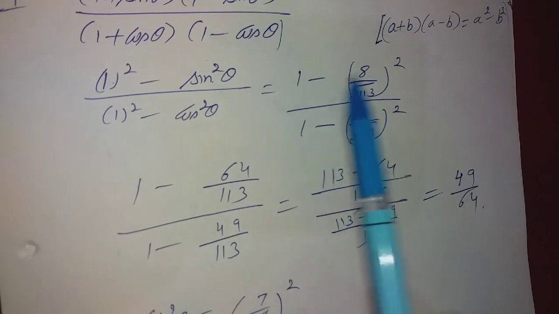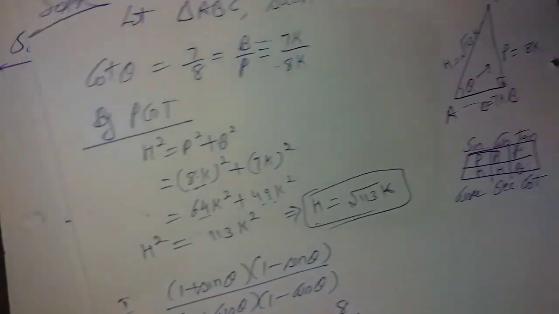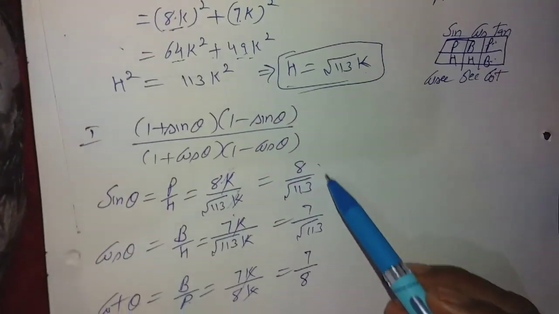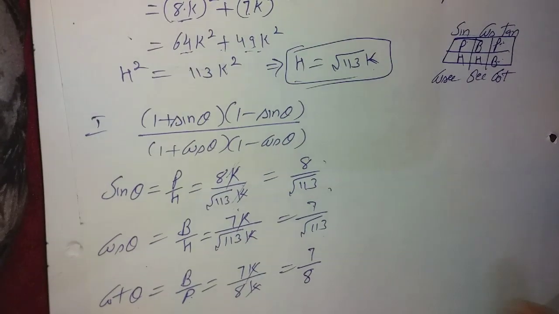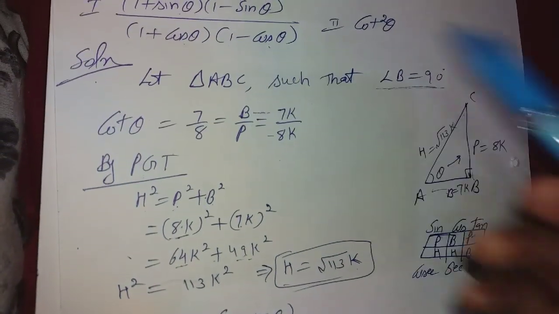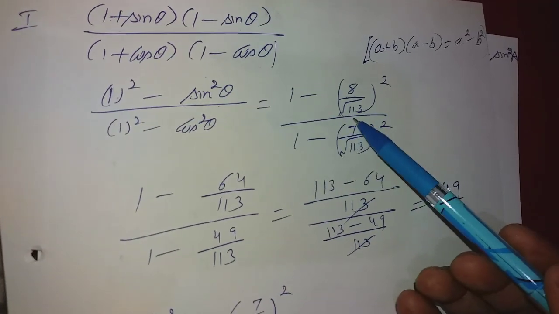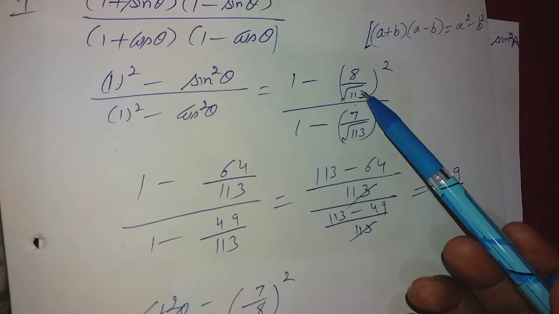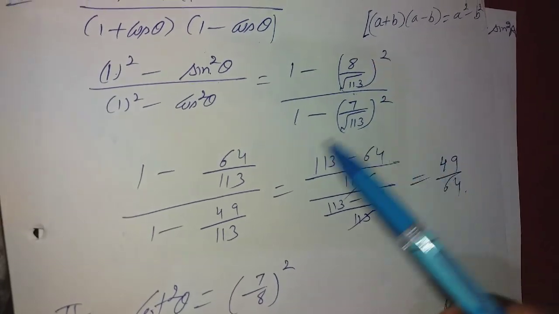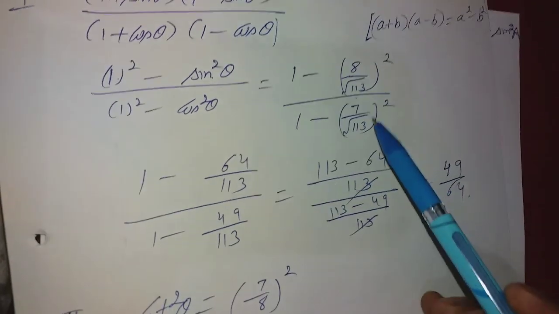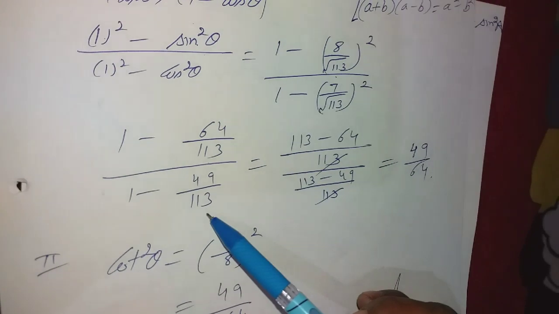So now the value of sine is 8 by root 113, and the value of cos is 7 by root 113. We will put it here, right? So square of this is 64 by 113, and square of 7 by root 113 is 49 by 113.